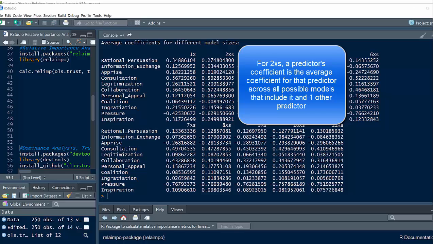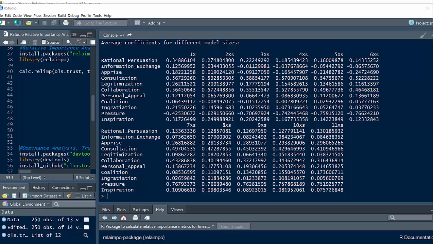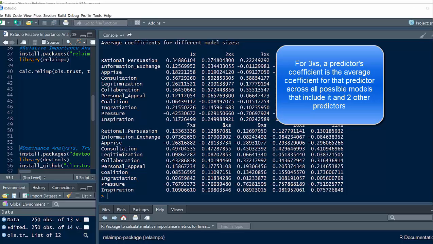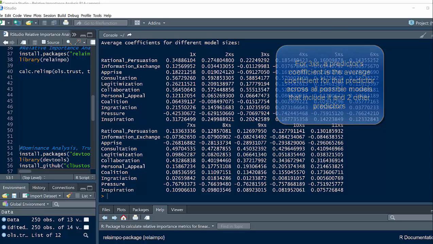And then we take the average coefficient for rational persuasion across every possible model that would include rational persuasion and another predictor variable. Again, what 3Xs would represent is the average coefficient for rational persuasion given every possible model including 3 predictors, one of which would be rational persuasion.